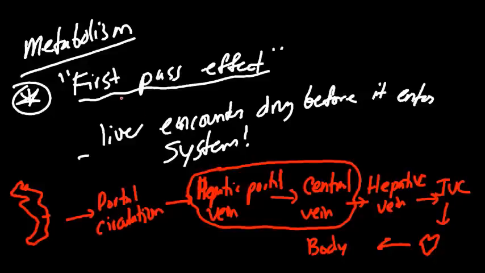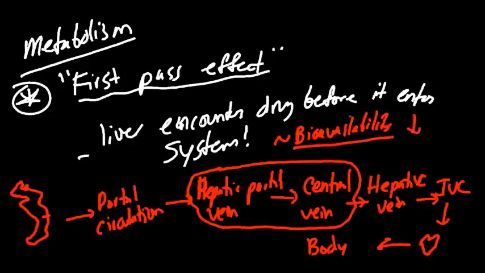So the first pass effect is simply that the liver encounters the drug before it enters the system. Now this has to do with bioavailability, because you'll have a decreased bioavailability if your liver encounters it first. So we're kind of synthesizing stuff together now.